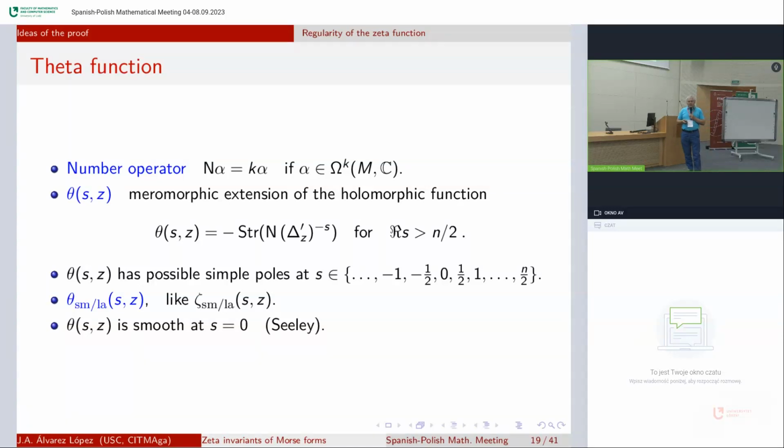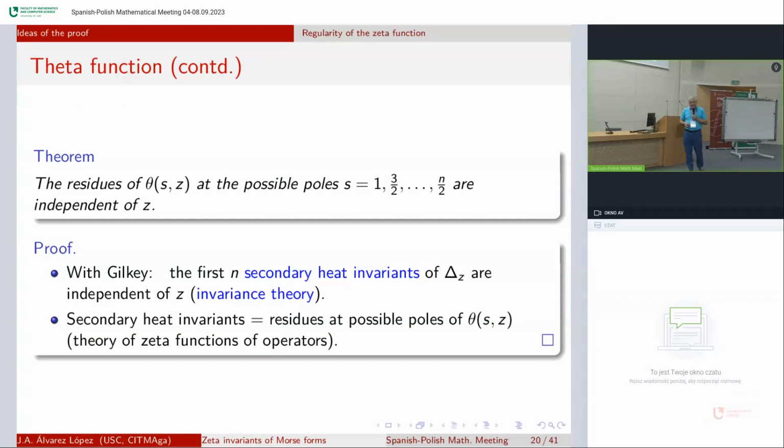It was proved by Seeley that this theta function is smooth at s equal to 0. So this is well known. And we indeed proved that the residues of this theta function at all possible poles, from 1 to half integers, are independent of the parameter c.